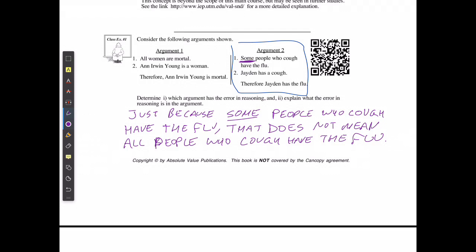And we already know that there's many reasons why people would potentially cough, so we can't say definitively Jaden has the flu.